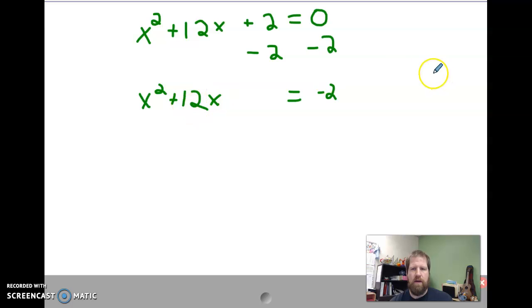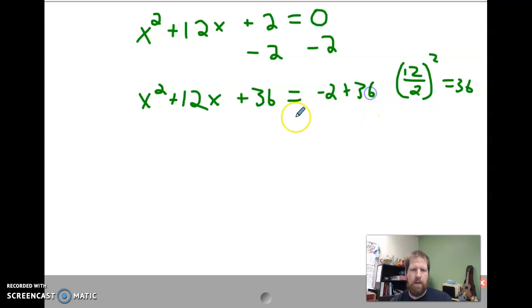So again, I'm taking 12 divided by 2 squared. Okay, my b divided by 2 squared, which is going to give me 6 squared, or 36. I add 36 to both sides. And now I have a perfect square trinomial with factors of x and 6.